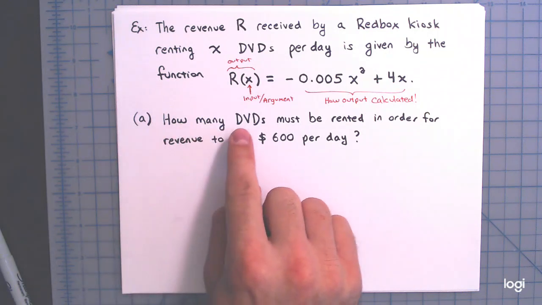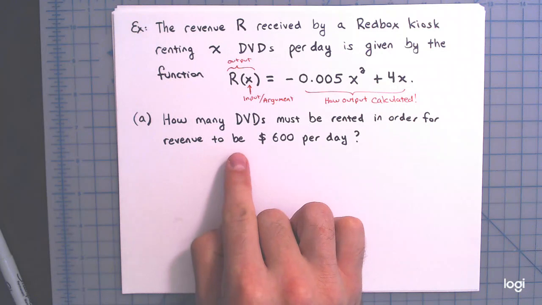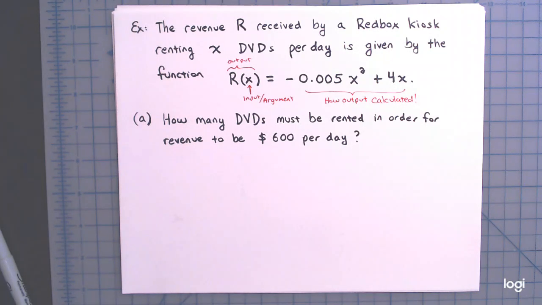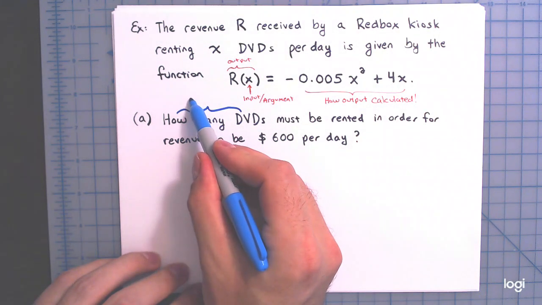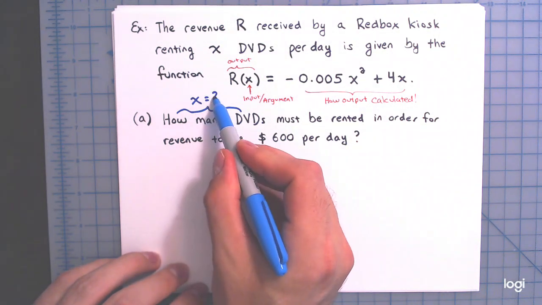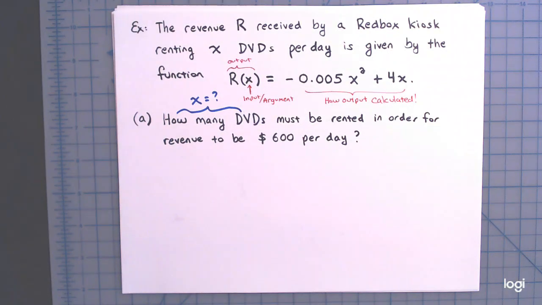How many DVDs must be rented in order for the revenue to be $600 per day? So the question is, how many DVDs must be rented? That means they don't know x, because remember, x represents the number of DVDs rented in a day.